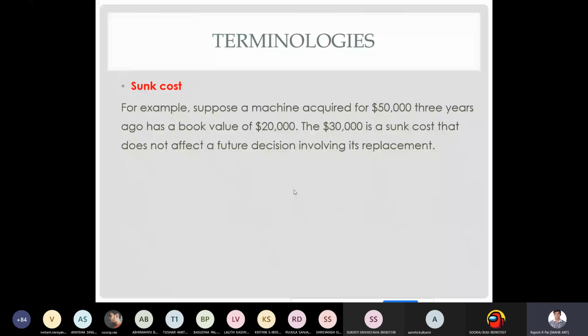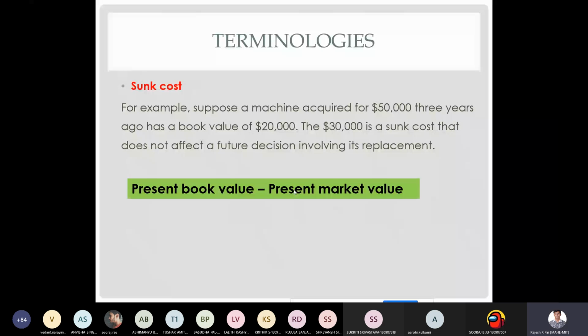So for our analysis, we only consider the cost and the revenue factors for the remaining service life. The one which has already been completed will not be taken into consideration. Okay, so that is nothing but the sunk cost. So sunk costs are the costs which have already been incurred and which we are not going to take in our analysis.